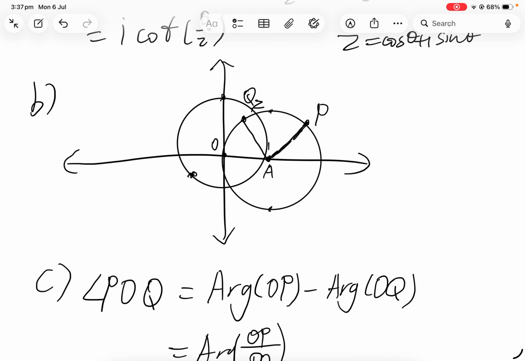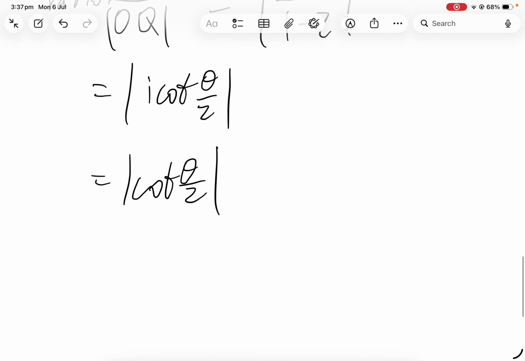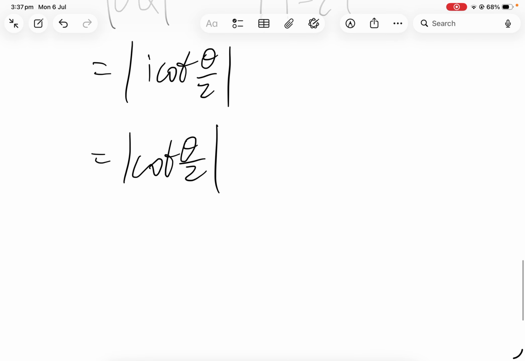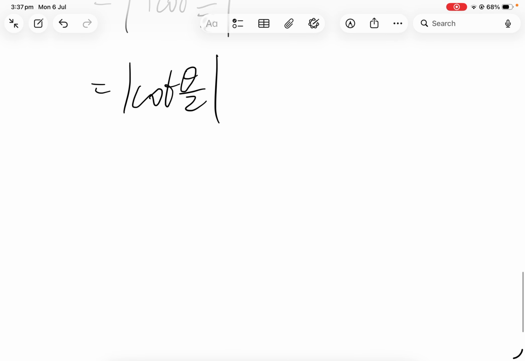They should be, should they be 180? Oh, I'm assuming they both added a minus. That's why I was confused before. But yeah, complex numbers are very weird.